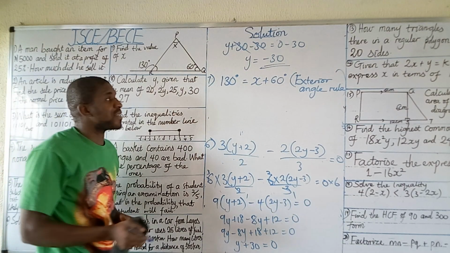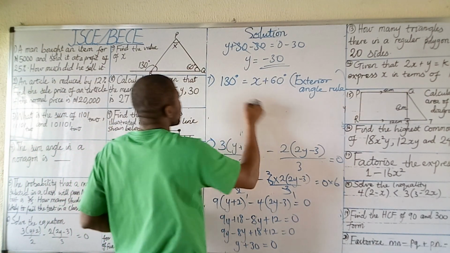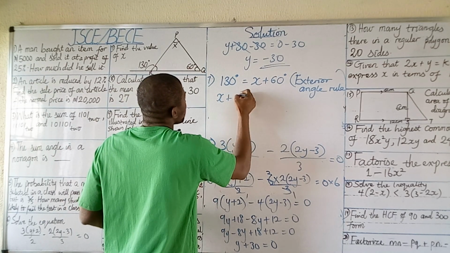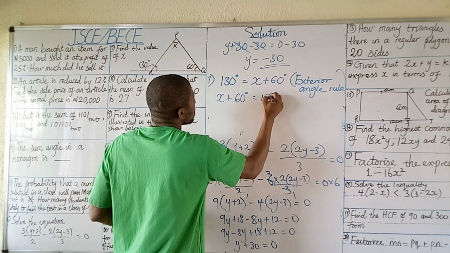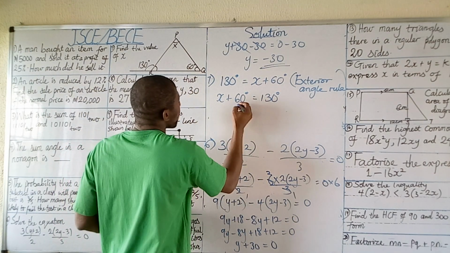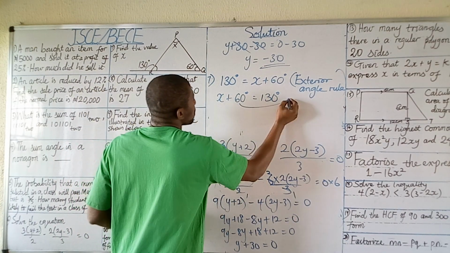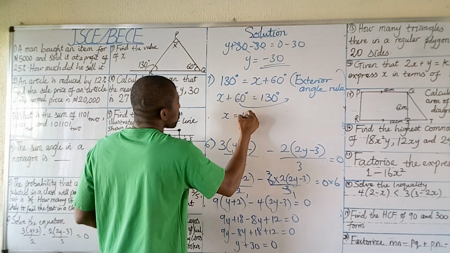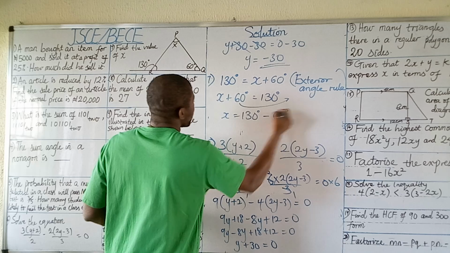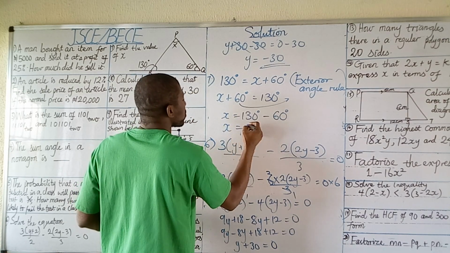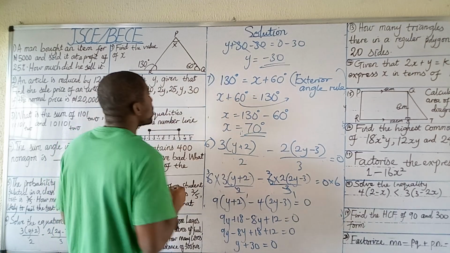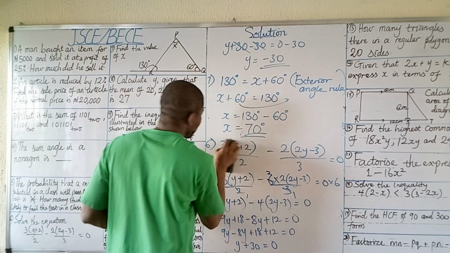That is what the exterior angle rule states. Therefore x plus 60 degrees equals 130 degrees. Subtract 60 from both sides, transpose it, we have x equal to 130 degrees minus 60. Therefore, x is equal to 70 degrees. That becomes my answer. So question 7 is solved.